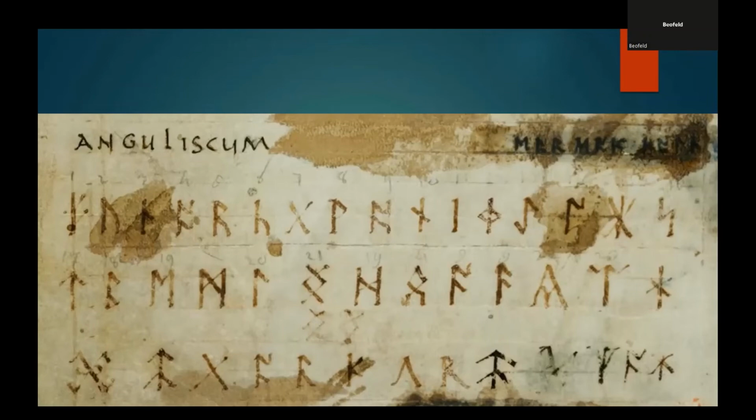What we know about the Elder Futhark is essentially gleaned from how we understand it shifted into becoming the Futhorc.